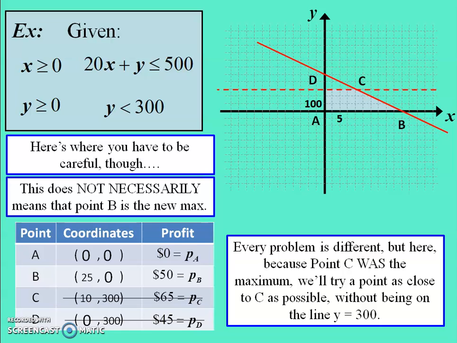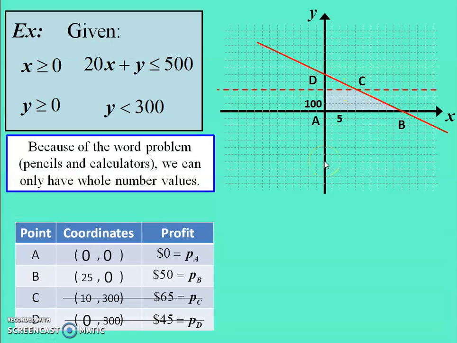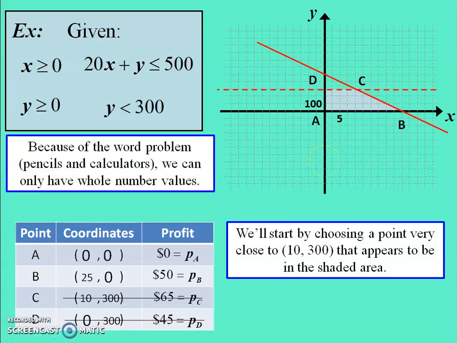But it also could happen that in this case, because this difference is significant compared to what the profits were, we might look inside the shape, somewhere inside this gray shaded area that's very close to, but not exactly at, point C. This was a situation where we were looking at the number of pencils and calculators originally, and the number of pencils and calculators have to be whole numbers.